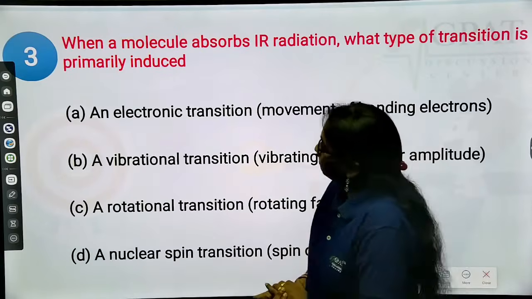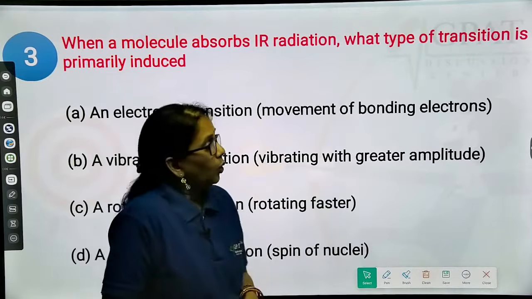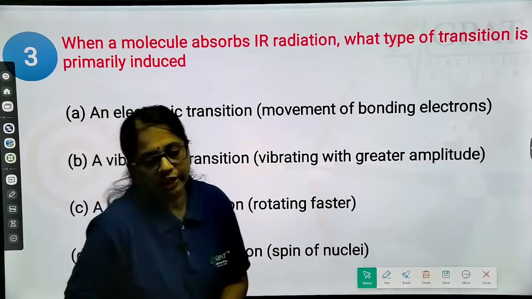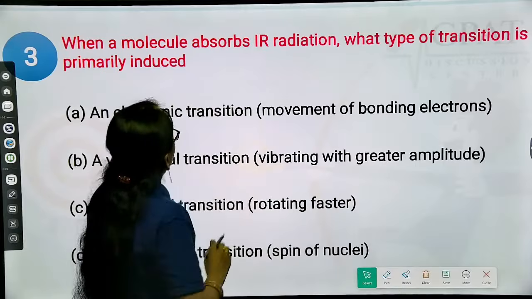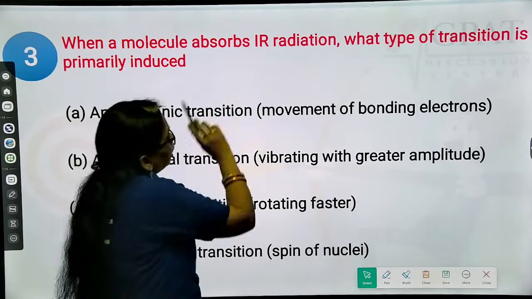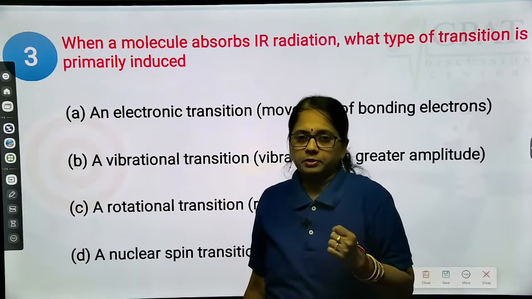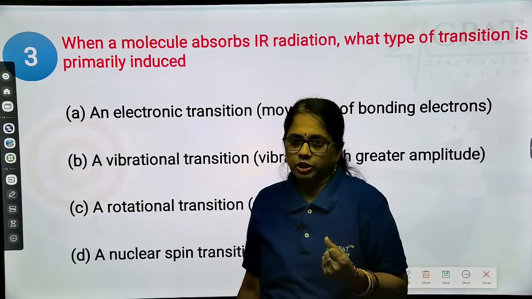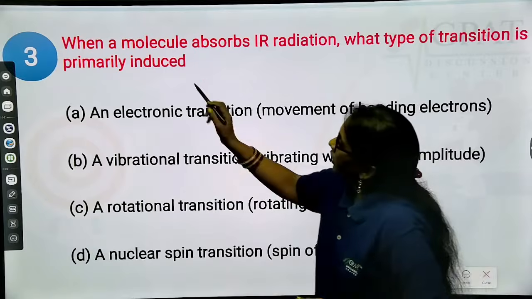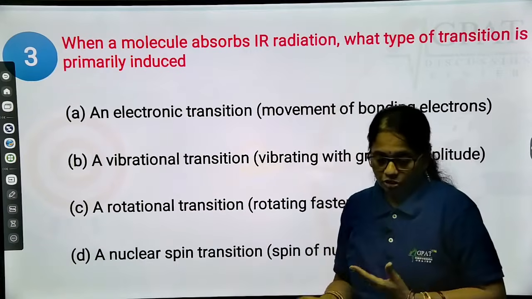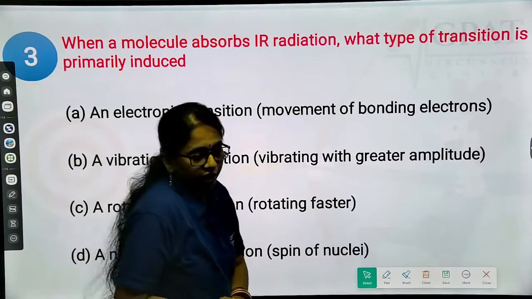Next question: when a molecule absorbs IR radiation, what type of transition is primarily induced? All these absorption spectroscopies, UV, IR, NMR, visible, work at the molecular level, and when a molecule absorbs infrared radiation, what type of transition is primarily induced?